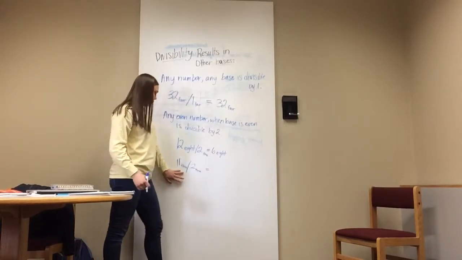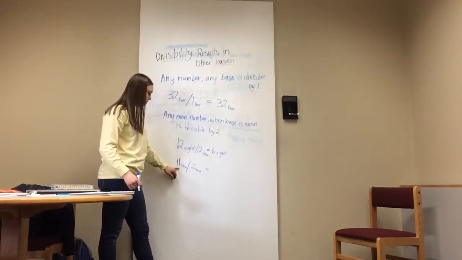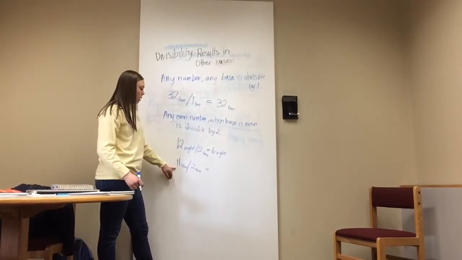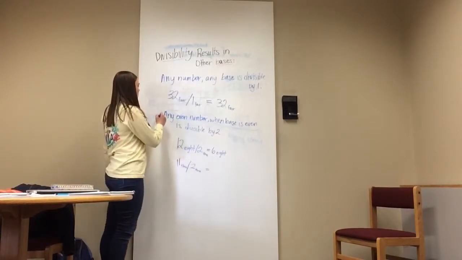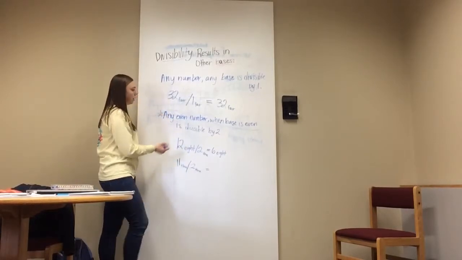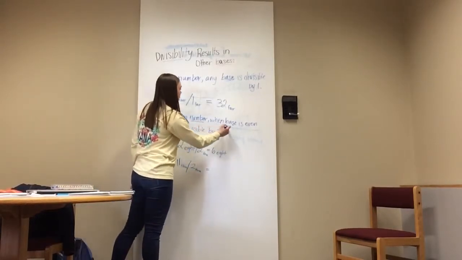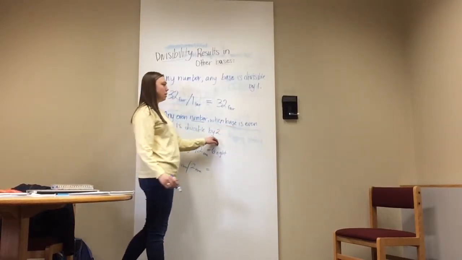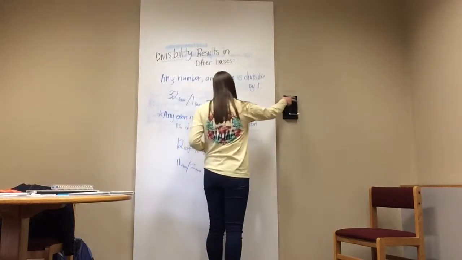We don't know for sure that this number is going to be divisible by 2 because we're working in an odd base, and we have an odd number. So just remember that both the number and the base must be even if the number is going to be divisible by 2.